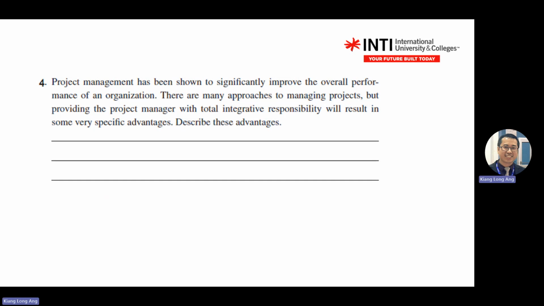You understand the question, right? So it just asks you, what if you are the project manager? It gives you the power of being able to integrate. So what are the advantages? If you have the skill set of being able to integrate with all the functional groups here, what are the advantages?